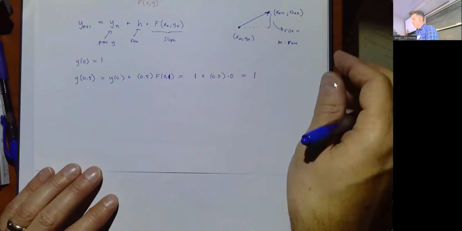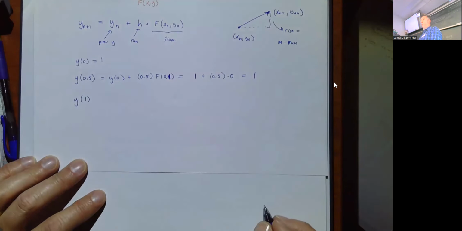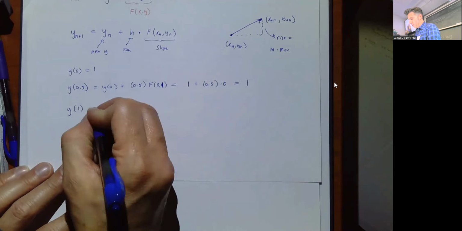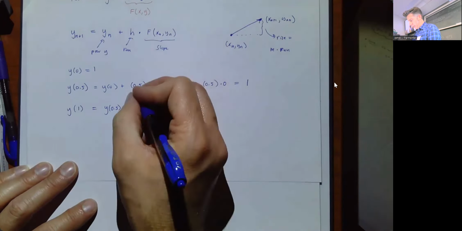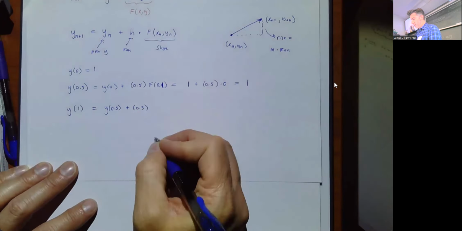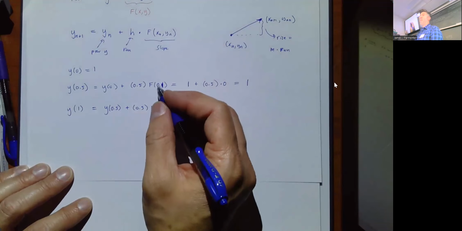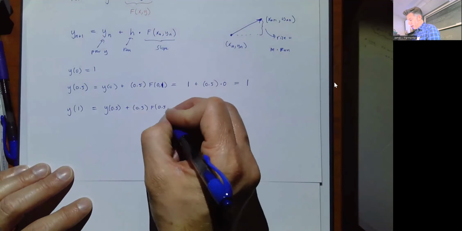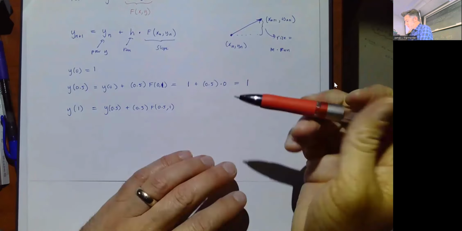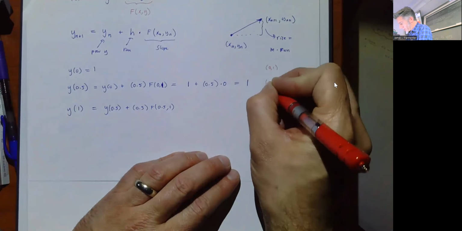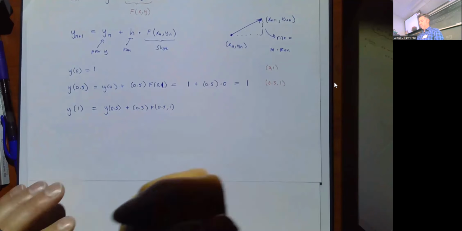Okay, now we're going to find the next one. Don't worry, we'll come back to that picture. So now I'm increasing to the next step over. So y of 1 instead of y of 0.5. And that's going to equal the previous y value, plus, again, the same h value there, f of my new x, y coordinate. So my new x coordinate, well, I moved 1/2 over, so 0.5. And my new y value is the same as my previous y value. The point here is 0, 1. The point here is 0.5, 1. That's what I'm plugging in: 0.5 for x, 1 for y.